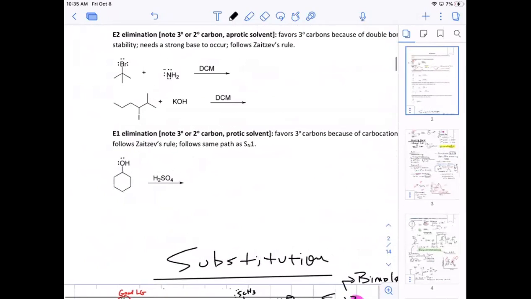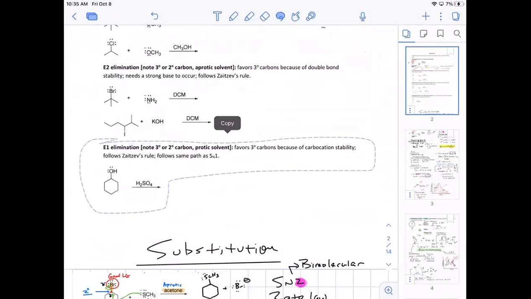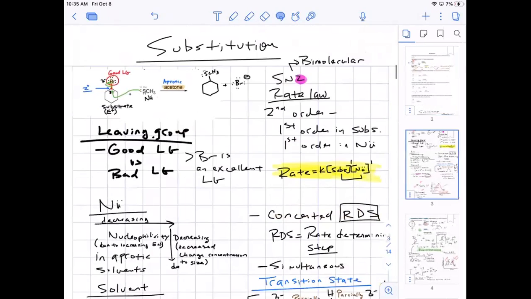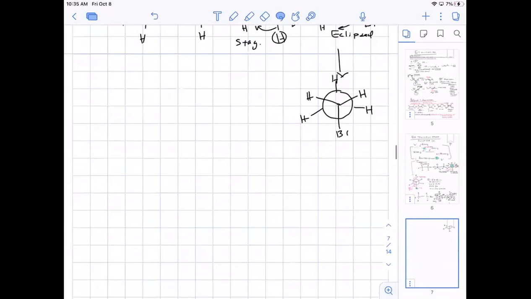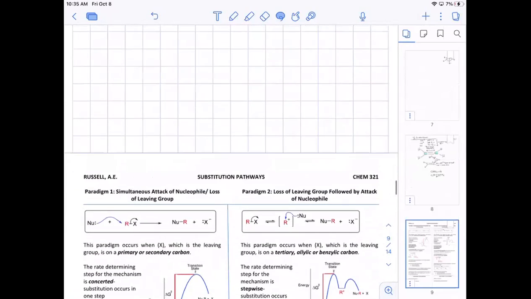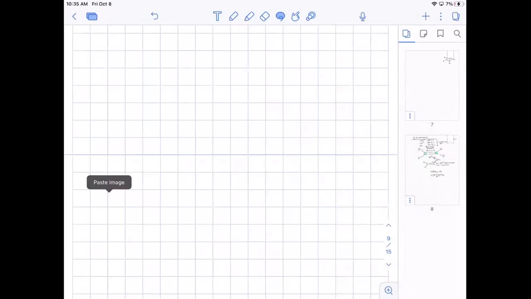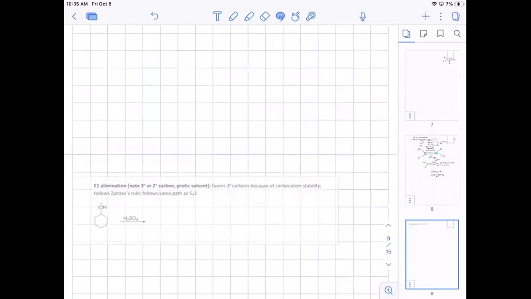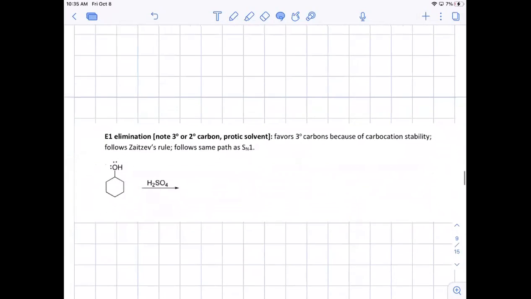The E1 is Newman projection. I'll put a new page in. So the E1 is different from the E2, right? Much different.